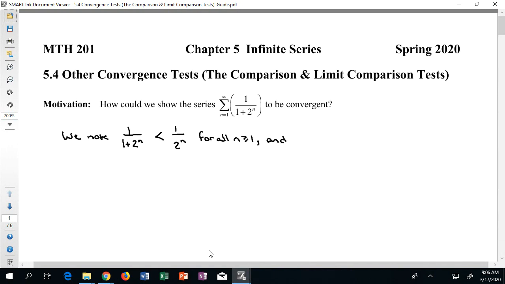But I can also add to this and say that more than that, this particular series associated with that formula is indeed a nice geometric series. You could see that I could go ahead and rewrite this as (1/2)^n. I could then rewrite that as 1/2 times (1/2)^(n-1).